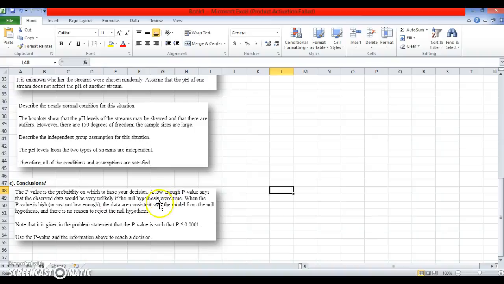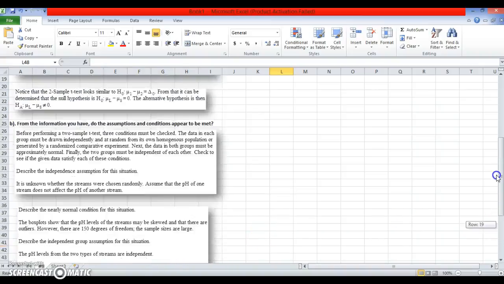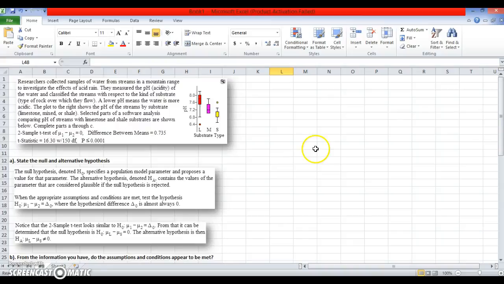A low enough p-value says that the observed data would be very unlikely if the null hypothesis were true. When the p-value is high, or just not low enough, the data are consistent with the model from the null hypothesis, and there is no reason to reject it. Note that it is given in the problem that p is less than or equal to 0.0001.